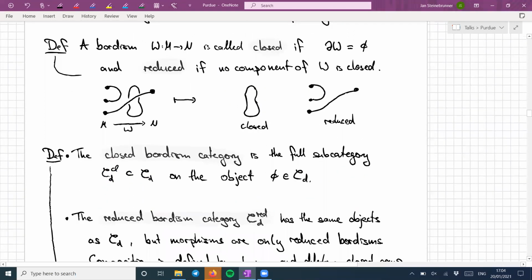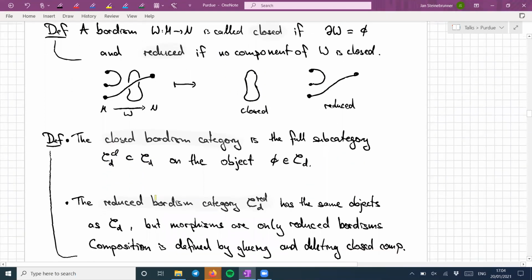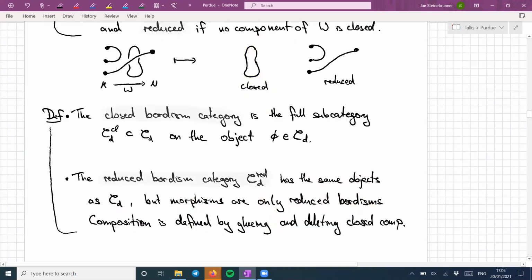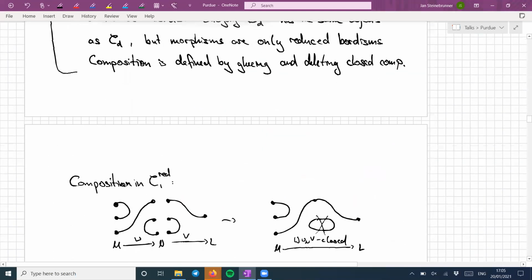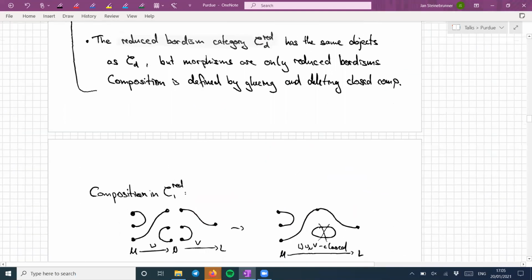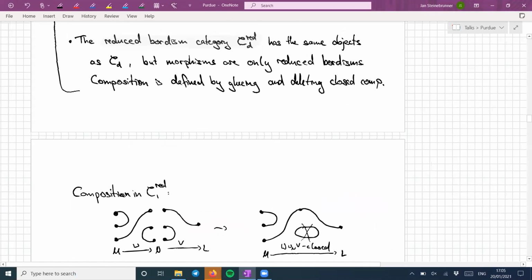Okay, now on the other side, it's a bit more tricky. So this reduced bordism category, C_d reduced, should have the same objects as C_d, but I want only those morphisms that are reduced bordisms. So I don't want any of these closed components. And there's a problem with that because that's not a subcategory.